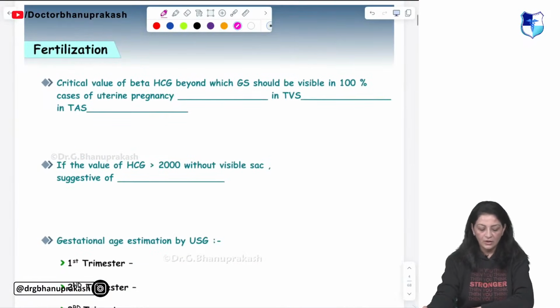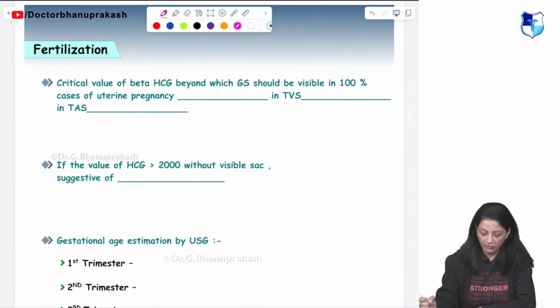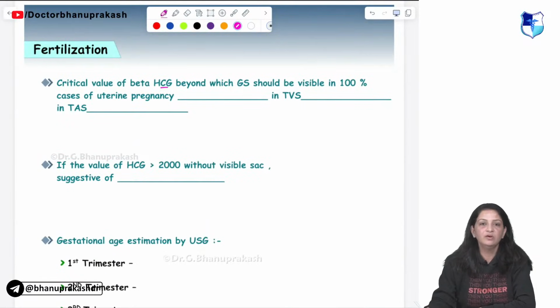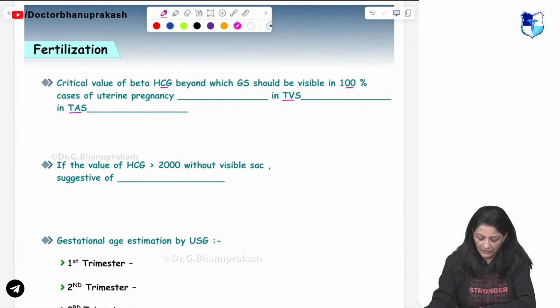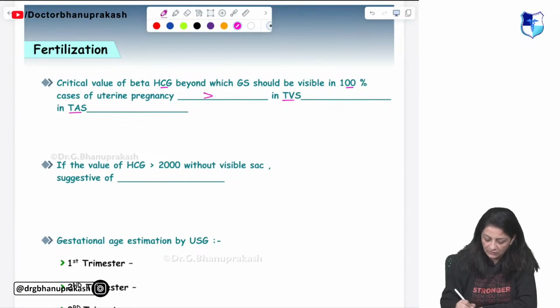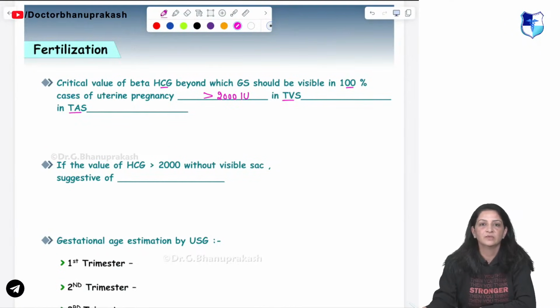Now, what are the critical values of beta-HCG beyond which the gestational sac should be visible in 100% of cases of intrauterine pregnancy? In TVS, transvaginal sonography, more than 2000 international unit.